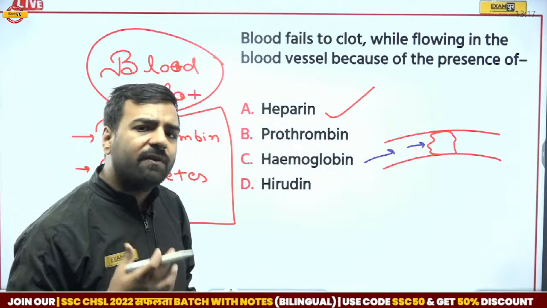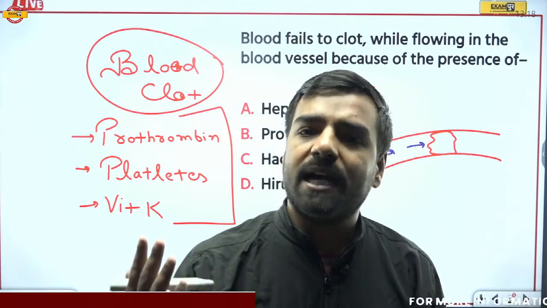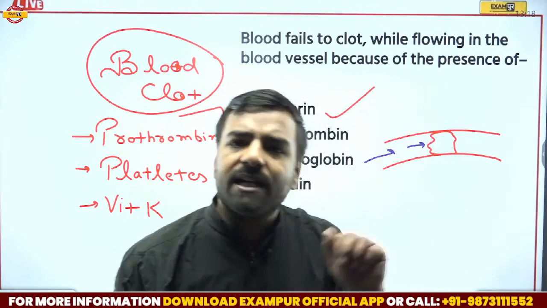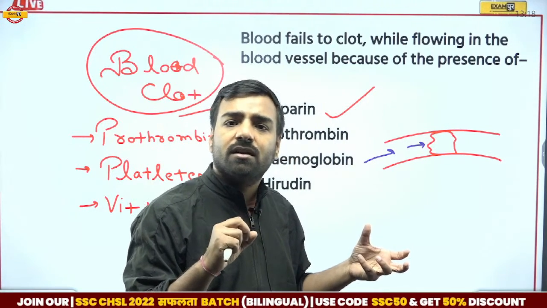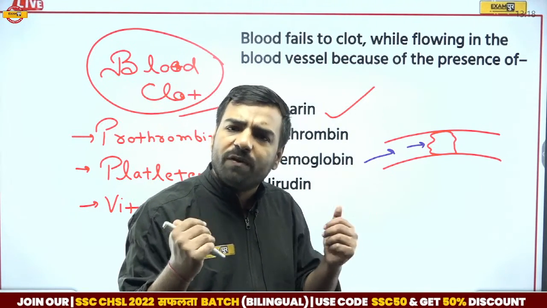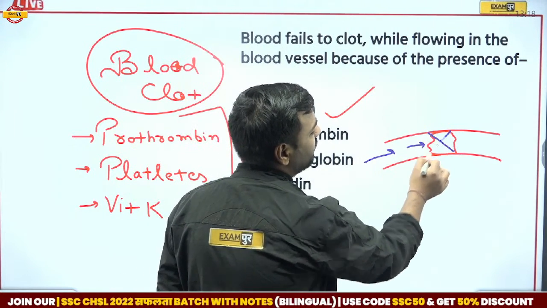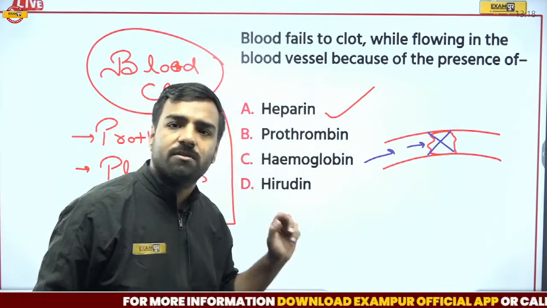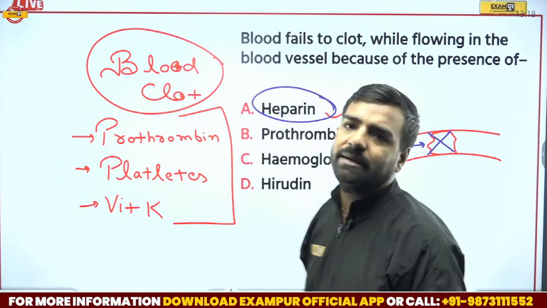In a similar manner, in the pipeline structures within our body, it may be arteries, it may be veins, if any unwanted material gets stuck, will blood flow? Obviously not. So that's why this blood should never clot within our body, and blood never clots because of the presence of heparin only. So this is again an important question from the examination.